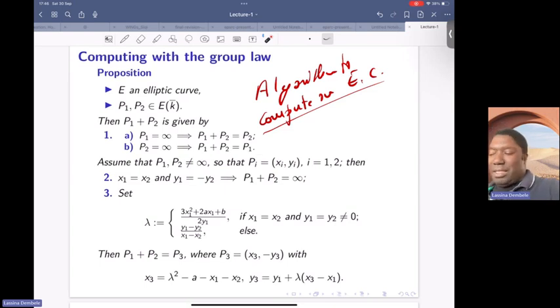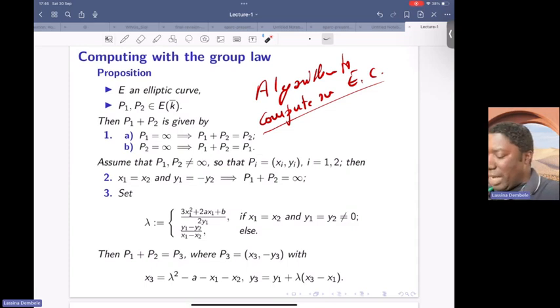In the other case, you have 2 possibilities. The first is that the two points have the same x coordinate and the same y coordinate, which is non-zero.